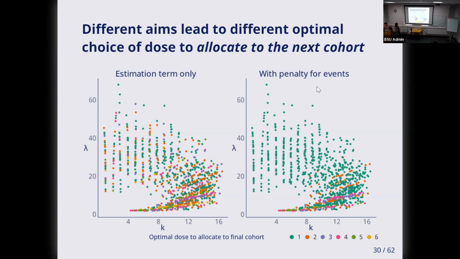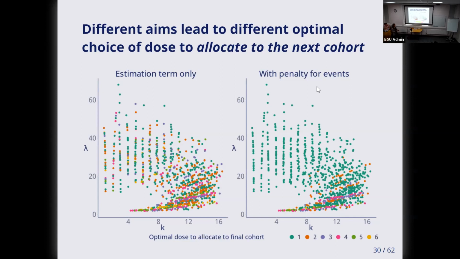On the left, again, I've just optimized with respect to an objective function that just contains an estimation term. And then on the right-hand side, I've introduced a penalty for events. So I'm trying to control the number of safety events that we see during the trial. And what we see here is that this puts a lot of allocation to the lowest dose level.